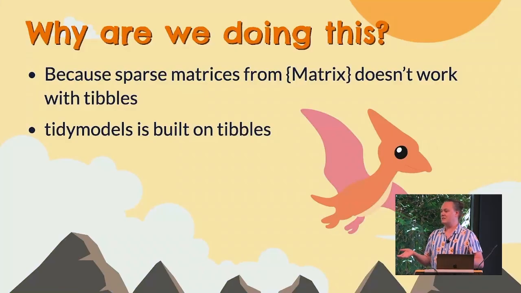It all has to be the same thing. So in theory, you can't do classification with a sparse matrix because you can't have the outcome in it. You need to have it separate. And secondly, tidymodels is built on tibbles. So if we wanted to do sparse data support with sparse matrices, we would have to duplicate all the code and have two paths, which is not worth it.